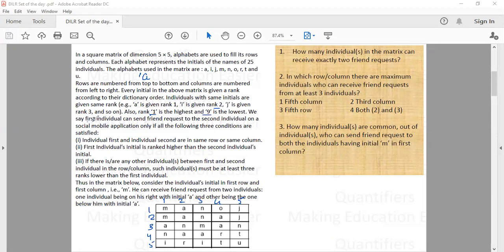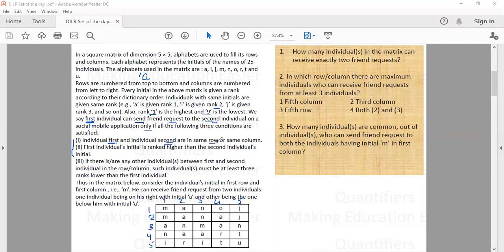And we say that the first individual can send a friend request to the second individual on a social mobile application only if these three conditions are satisfied. The first individual is the one sending the request, and the second one is the one getting the request.